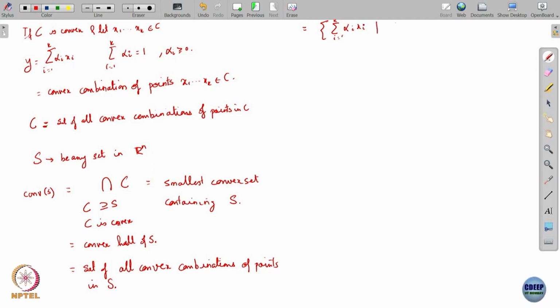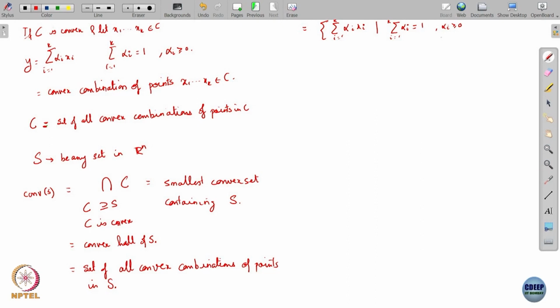Now, I need to make sure this is a convex combination. So, my alphas sum to 1, i ranging from 1 to k, and my alphas are also non-negative. This ensures that I have a convex combination.